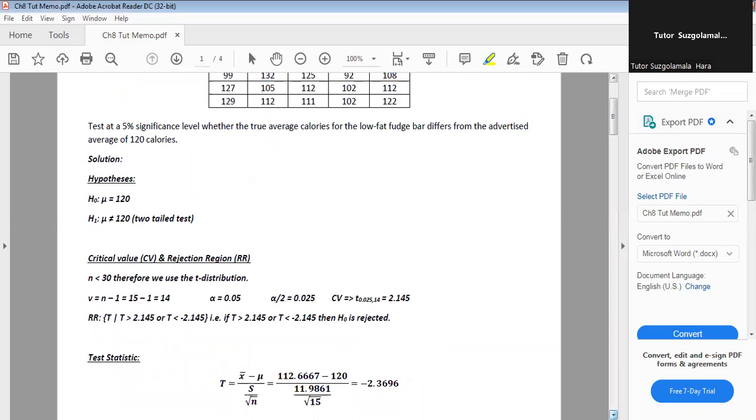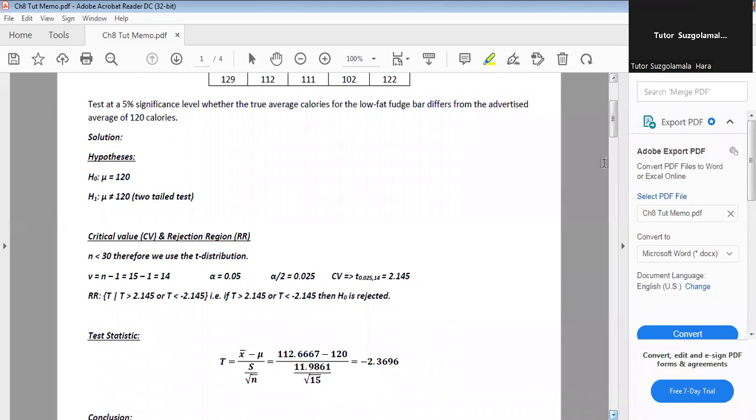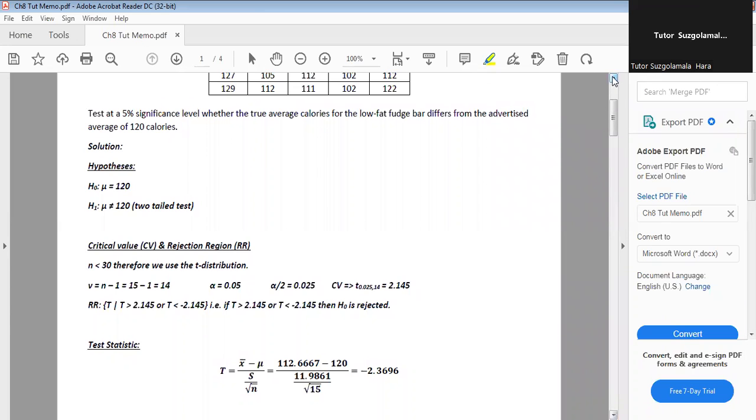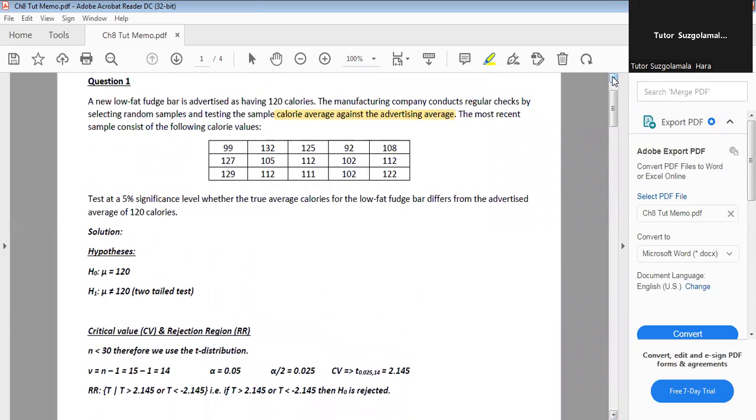After finding your hypothesis, you need to find the critical values. On the critical values, the first thing that you must know is what is your N. If your N is less than 30, you have to use T distribution. If your N is more than 30, you have to use Z score. Given our question, we can see that our N is less than 30.